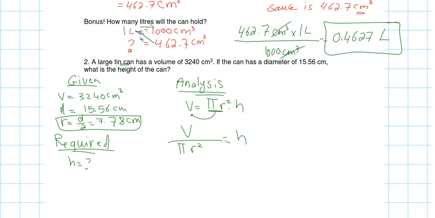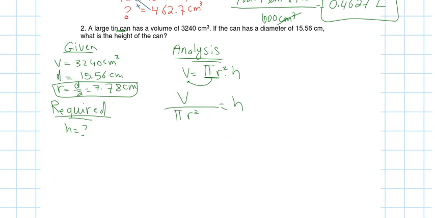Either find the bottom first and do the division, or make sure that you put this in brackets when you're doing it all together in the calculator. If you're not sure, find the answer of the denominator first, then do your division.